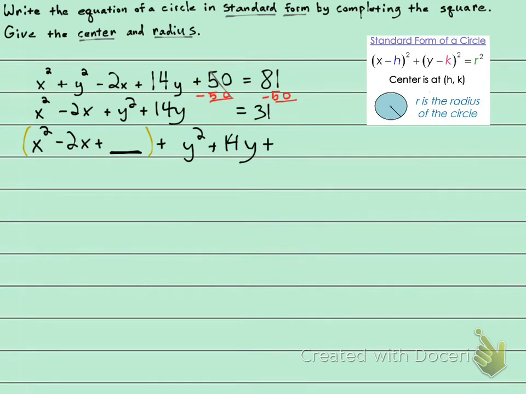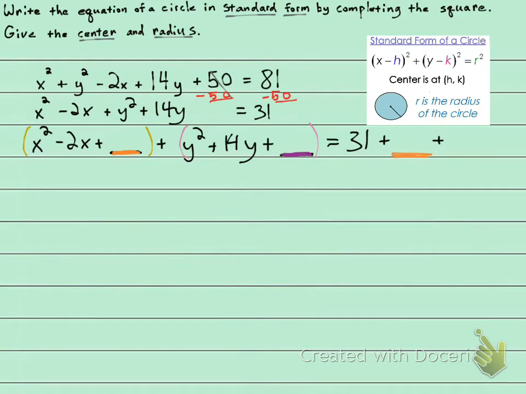So I'm also going to have to add this perfect number here. That is going to make my y's a binomial squared, and it equals 31. Now, when I add this orange number here, and then I add this purple number here, I can't just add them to the left side of the equation unless I also add them to the right side of the equation.